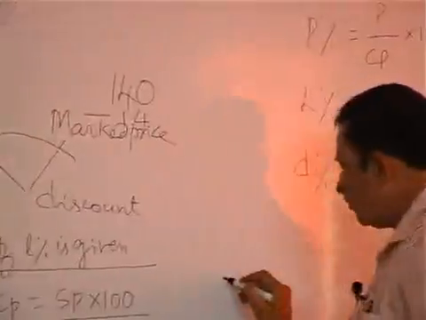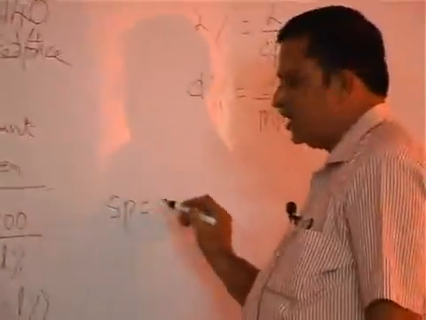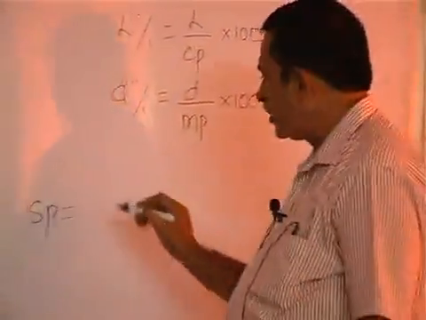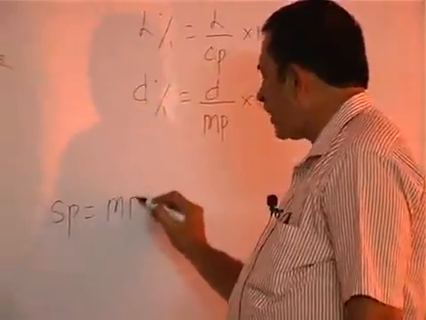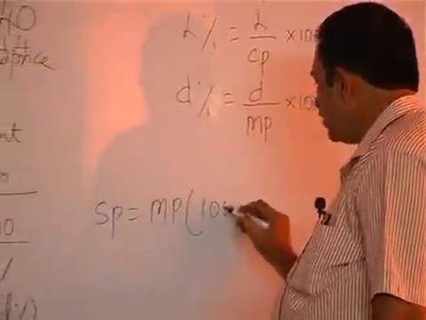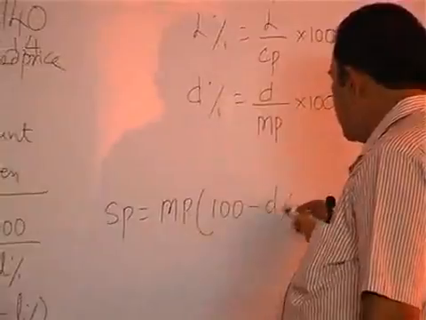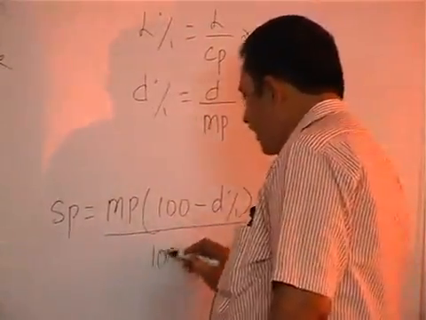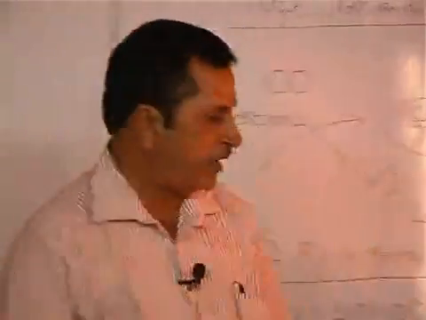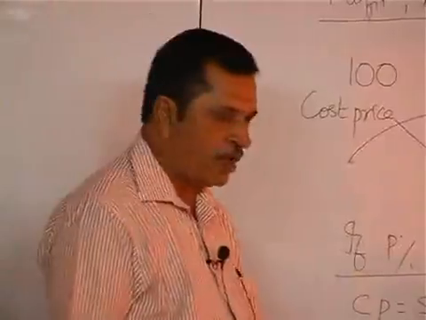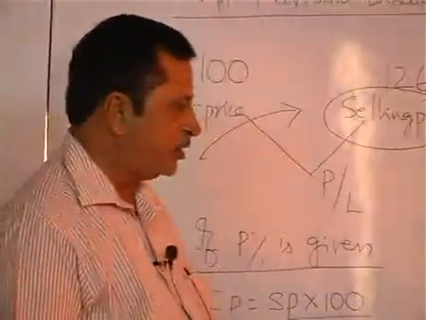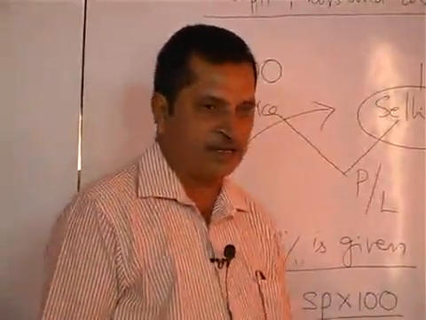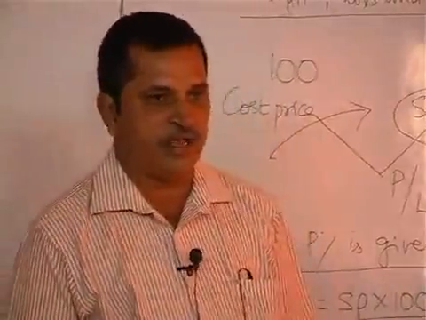So one more formula for selling price is equal to market price into 100 minus discount percent by 100. Selling price is equal to market price into 100 minus discount percent by 100.